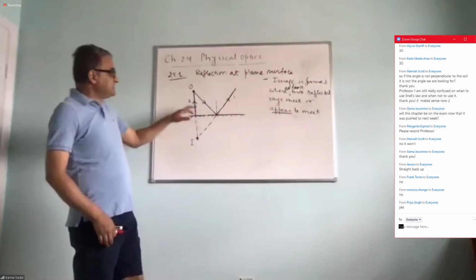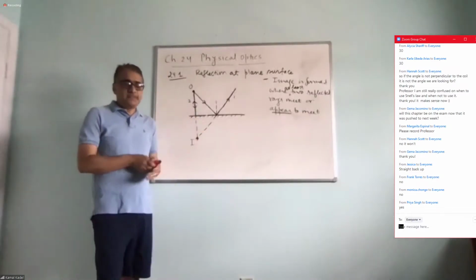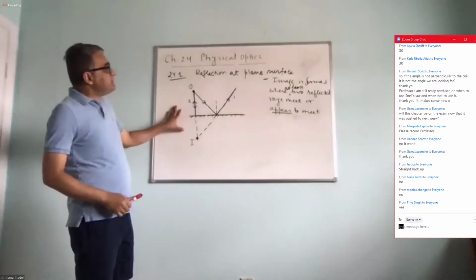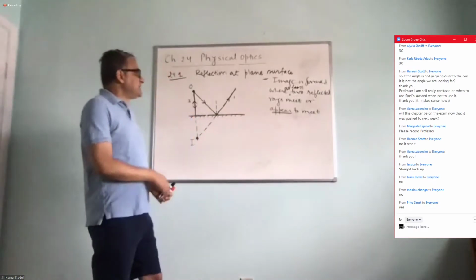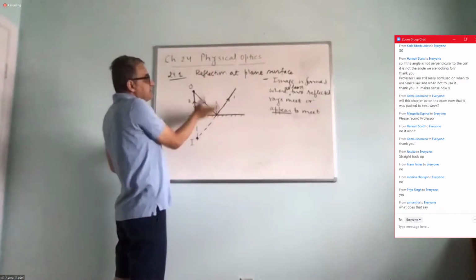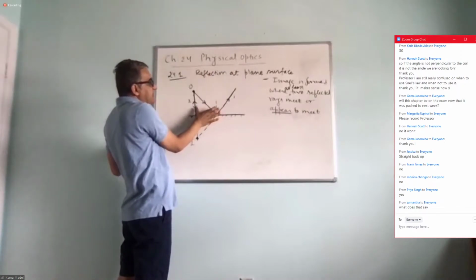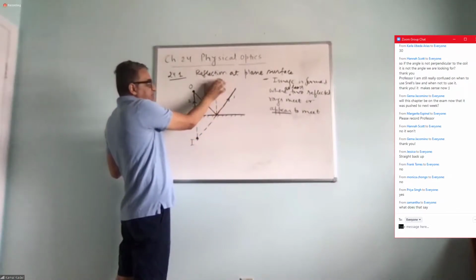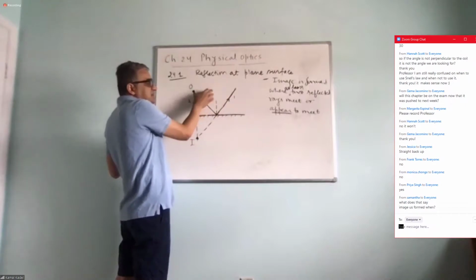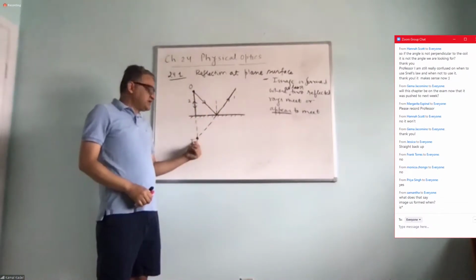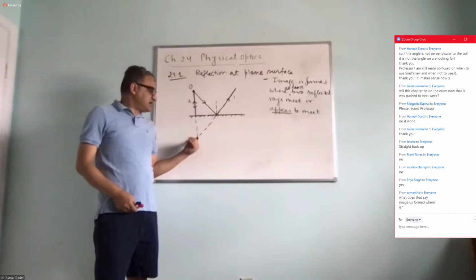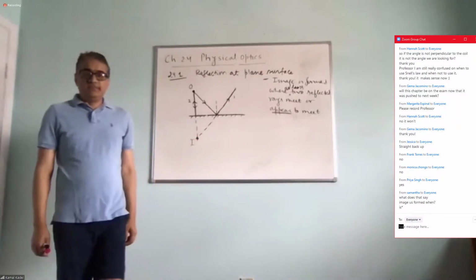So the whole point is that to form the image, we need at least two rays, right? The image may form on the same side as the reflected rays, but in this case that's not the true situation, or they appear to meet here, and in this case the image is virtual, right?